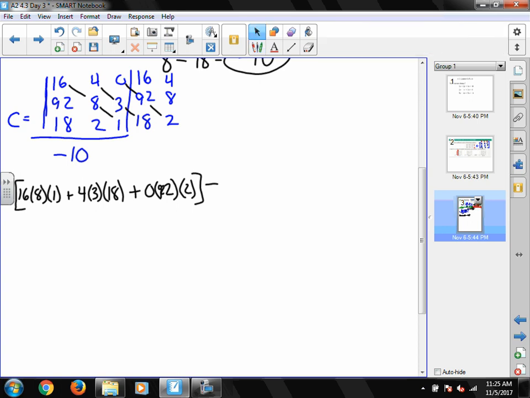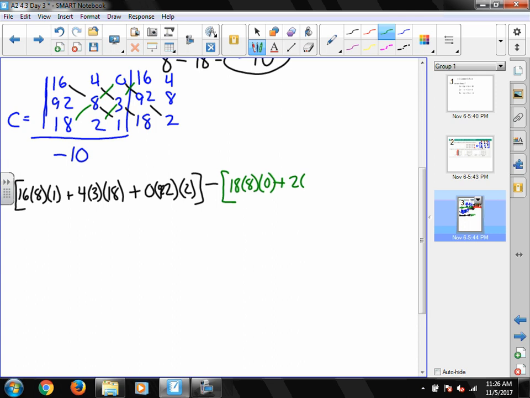From that, we are going to subtract 18 times 8 times 0 plus 2 times 3 times 16 plus 1 times 92 times 0 times 4. Calculate that out.